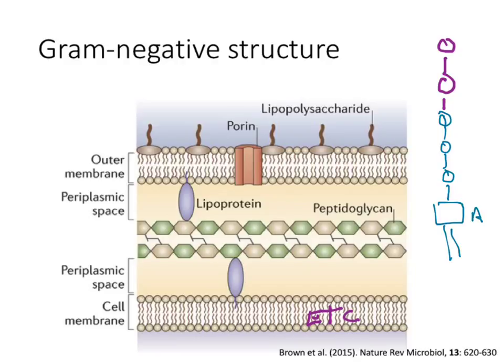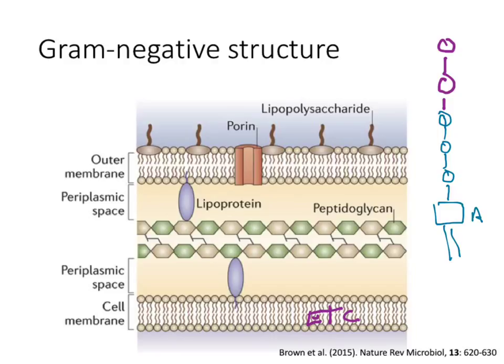Again, I should say that as far as I'm aware, no one knows what the actual function of the teichoic acid is. But if you delete the genes that produce teichoic acid, gram-positive cells don't do very well either. So it does seem also to be required for growth and for life of the organism. But how? Beats me. Not really sure right now.